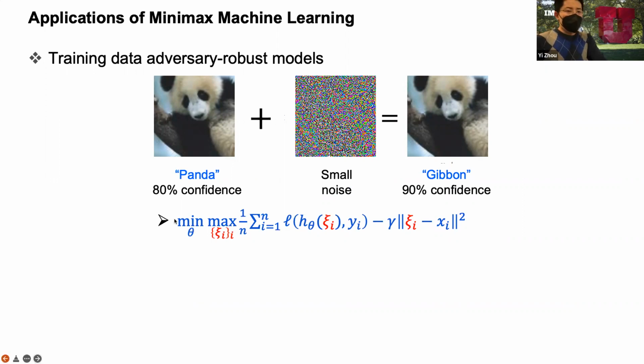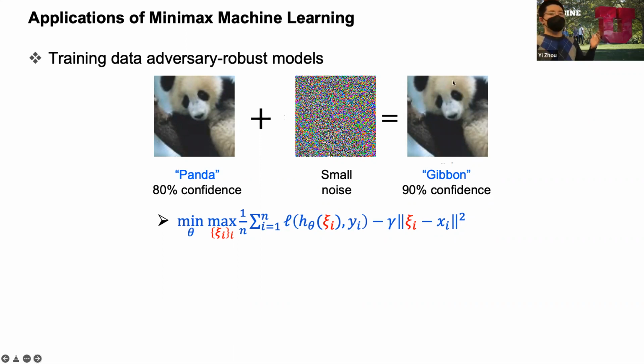As I just mentioned, in standard deep learning, a deep learning classifier will, for example, classify this image as panda with 80% confidence. But people found that we can add very small, imperceptible noises to perturb this image, and the resulting image looks almost no different from the original image.